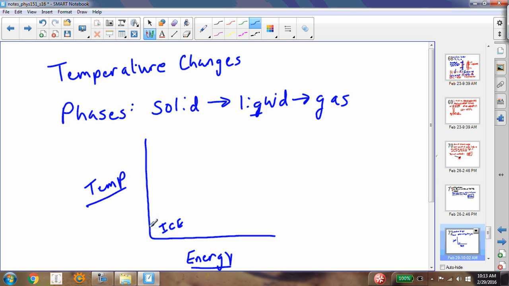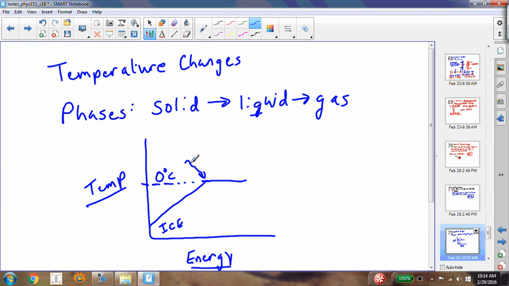As I add thermal energy to that ice, it will increase temperature until it reaches a temperature right here of 0 degrees Celsius, at which point you have to put in additional energy to change the ice from ice into water. So as we continue to add energy, the temperature will remain constant as we convert.